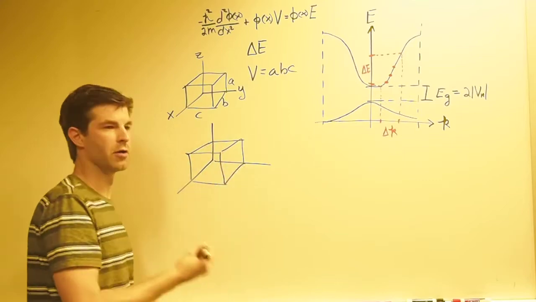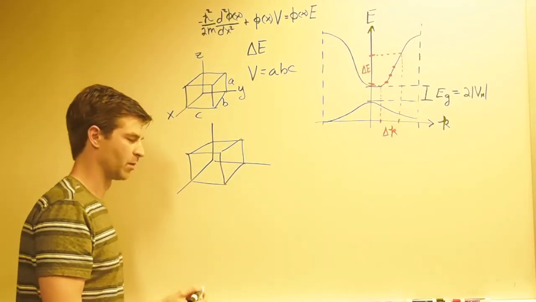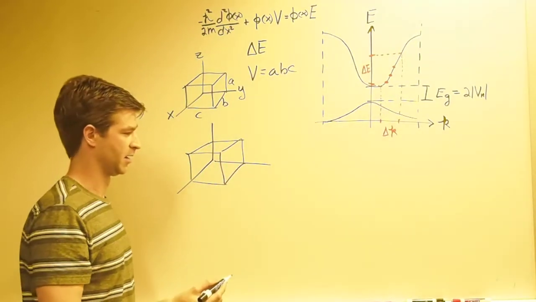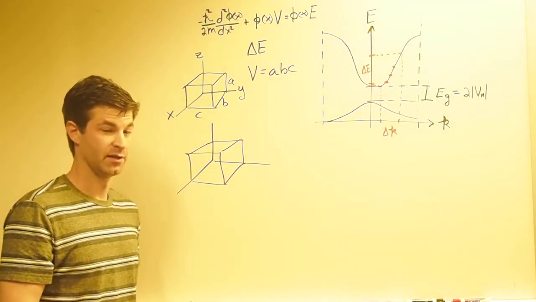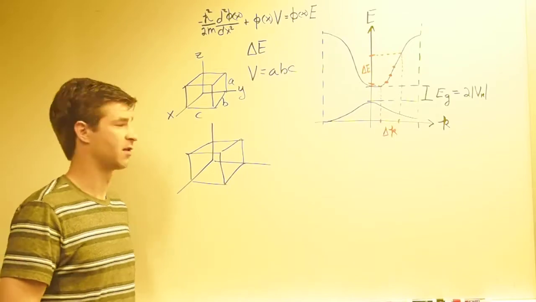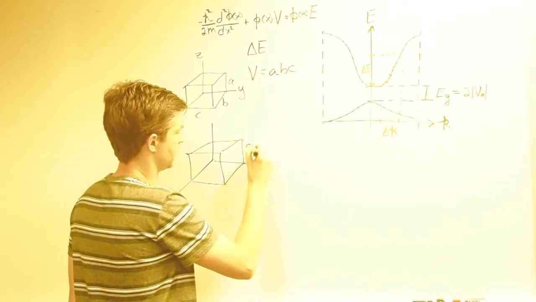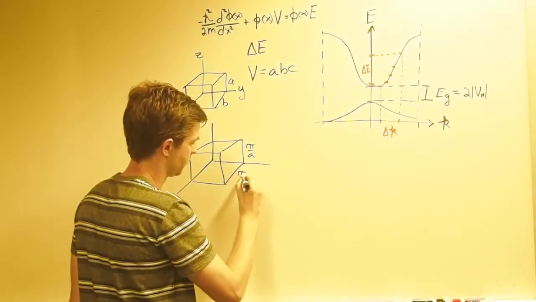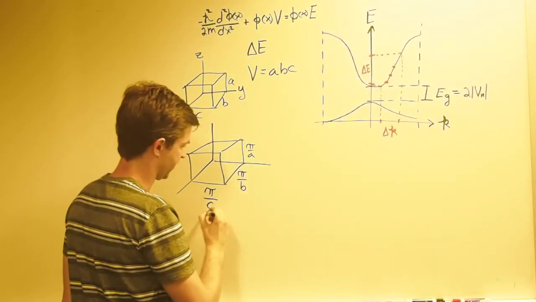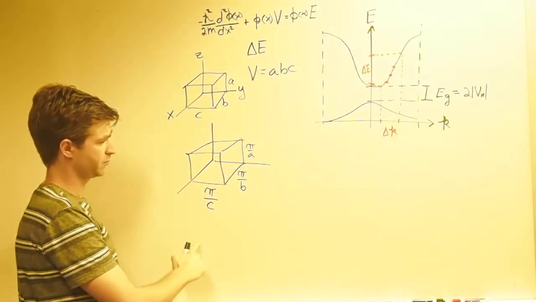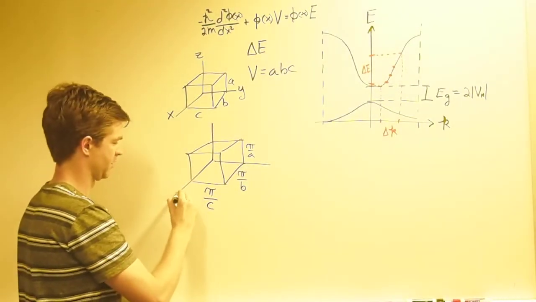It's not arbitrary because we know that an available state for an electron is in some volume. We don't know what it is, but we're going to call it pi over A, pi over B and pi over C, right? So that's one state per unit volume.